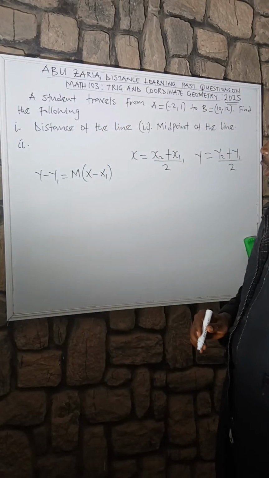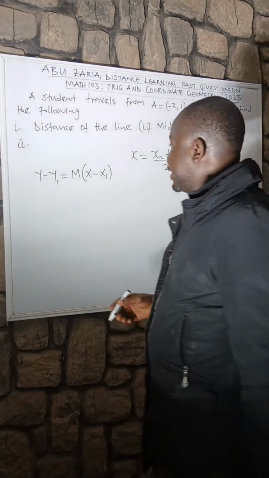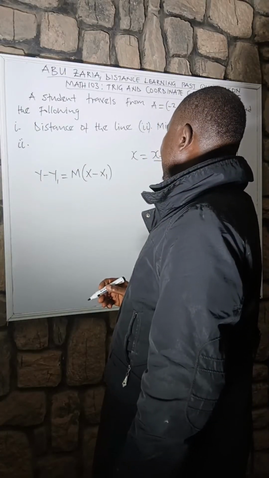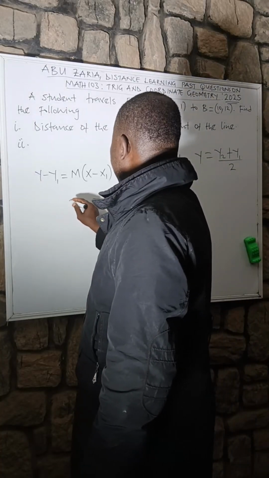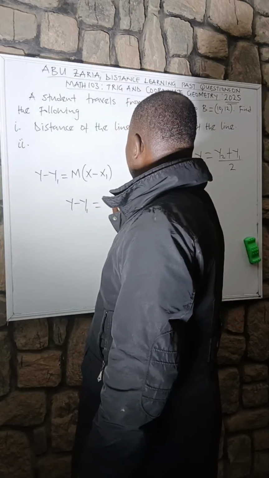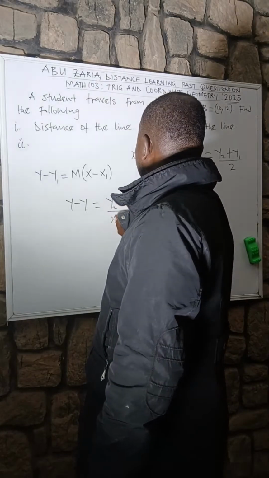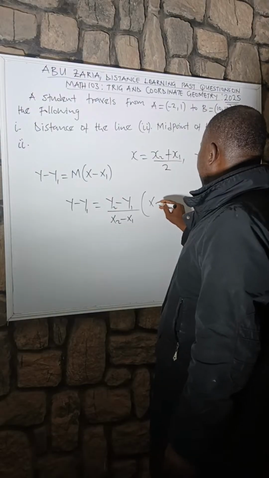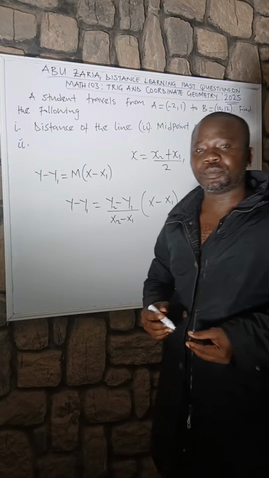Do you agree with me? Then we have another one again. Please take notes, it's very important. The other one is y minus y1 equals y2 minus y1 all over x2 minus x1, times x minus x1. Can you see now?